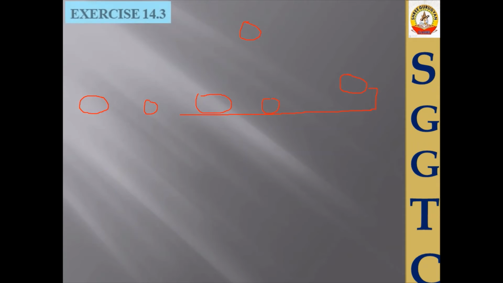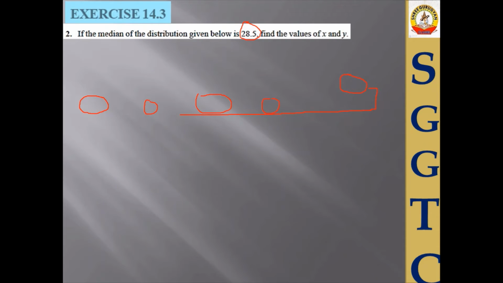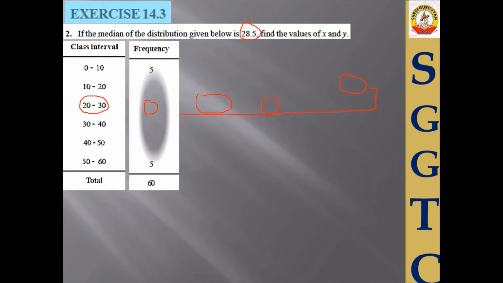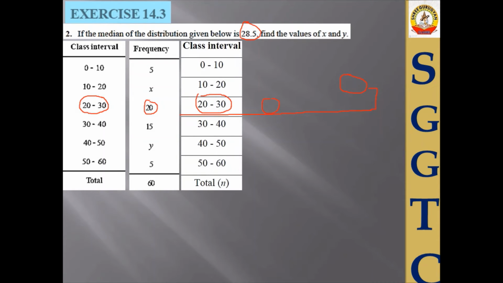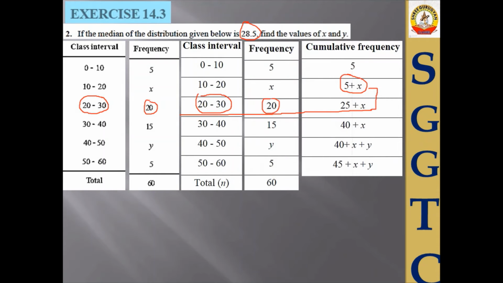Next, 14.3 second one. This second one is also an important question, students; that type of numerical was already done in the example. The median is given as 28.5 and the missing values x and y are asked. Check where 28.5 belongs. Yes, it lies between 20 to 30.